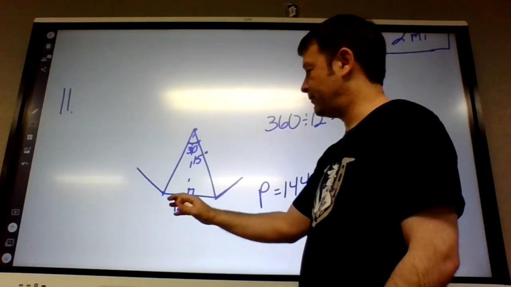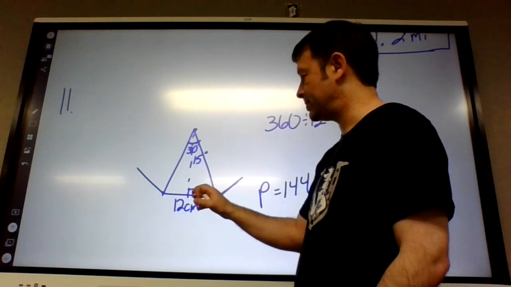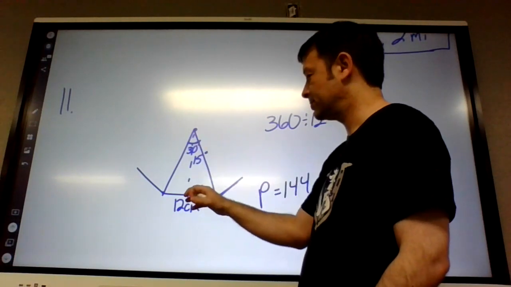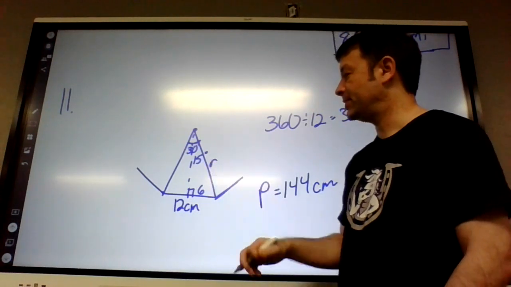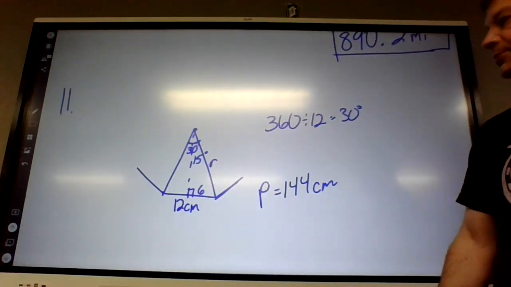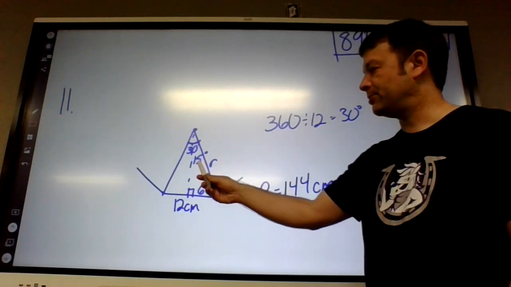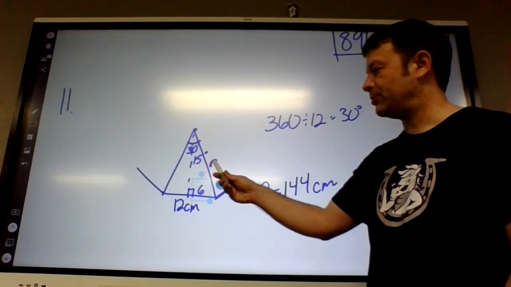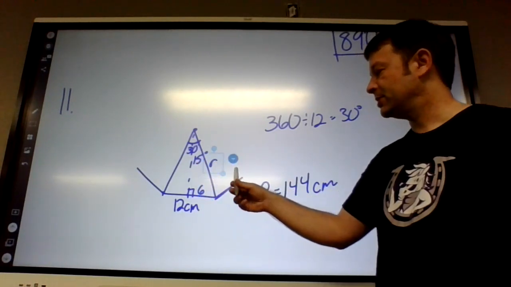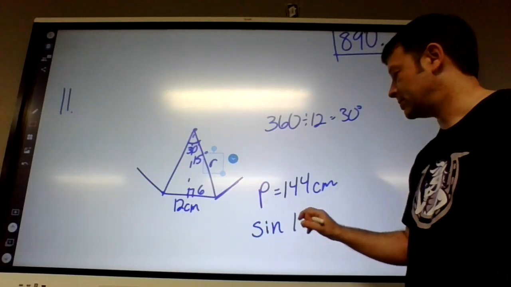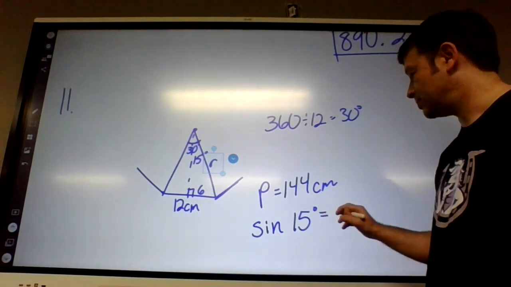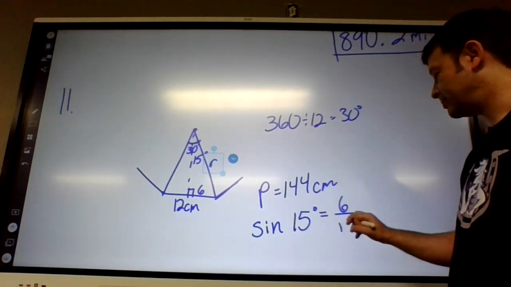And again, if we split the 12 in half down here, this would be a 6 on this leg. So we're going to use the exact same trick we used last time to find the radius, the hypotenuse. Relative to this angle, we have the opposite and we're looking for the hypotenuse. So we need to use sine equals opposite over hypotenuse.